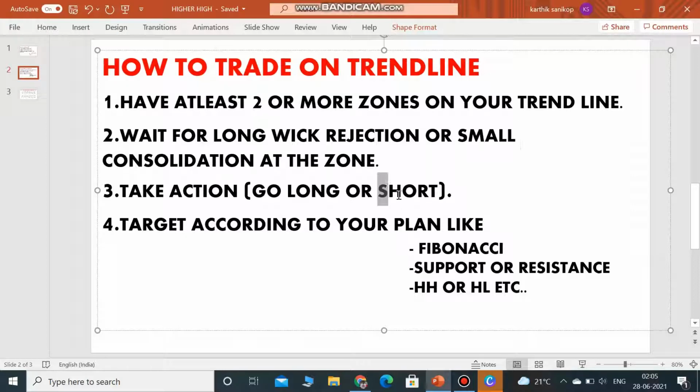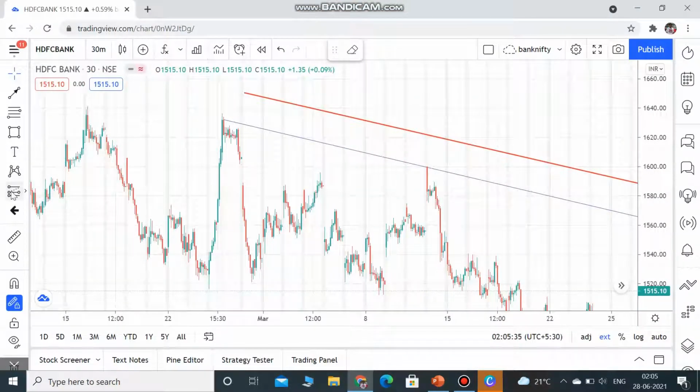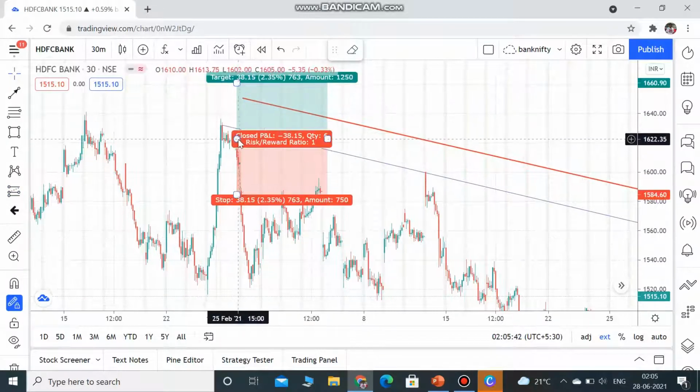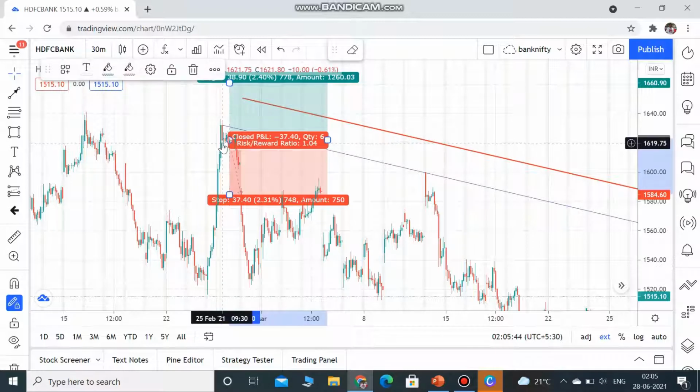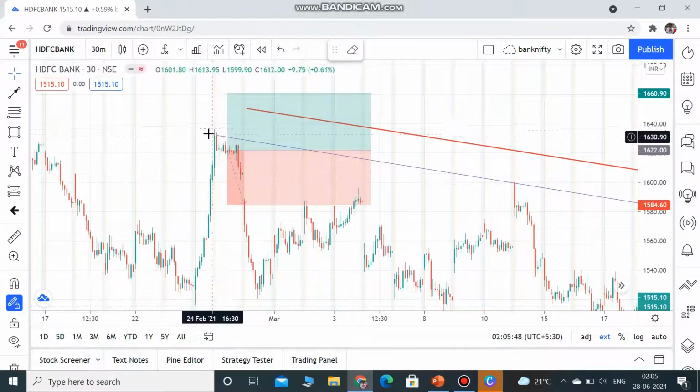Basically I will be shorting when I see the trend is a downtrend here. You have to short when it reaches your trend line like this. Consider this low point. I see that this is where I see my resistance.